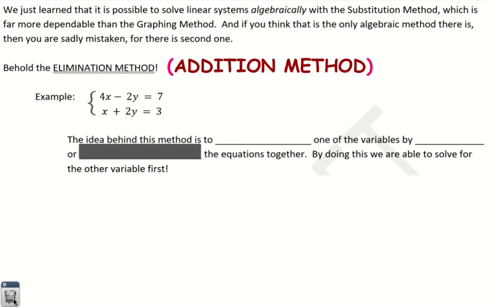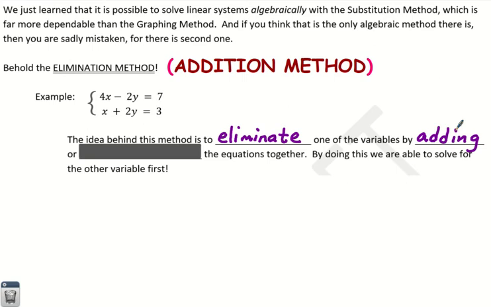Okay. So we have this system which has an equation of 4x minus 2y equals 7, and another equation that says x plus 2y equals 3. Now, the idea behind this method is to eliminate one of the variables by adding the equations together.